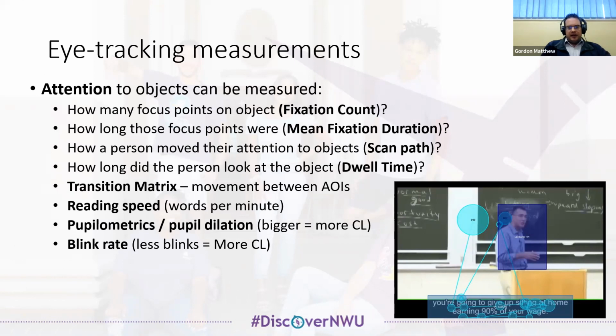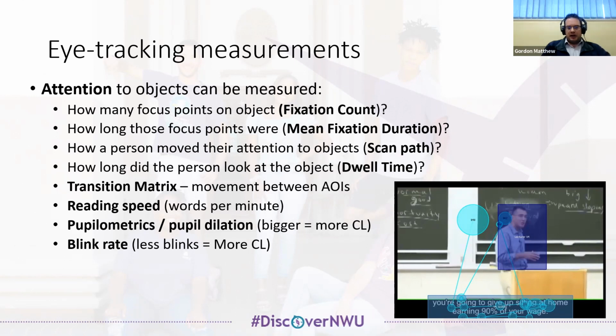How long is the mean fixation duration? So how big or how small the circles are. How a person moved their attention to and from objects, that's the scan path. How long did the person look at the object is the same as mean fixation duration, but dwell time is dwelling in that area of interest, moving inside that area of interest that you want.